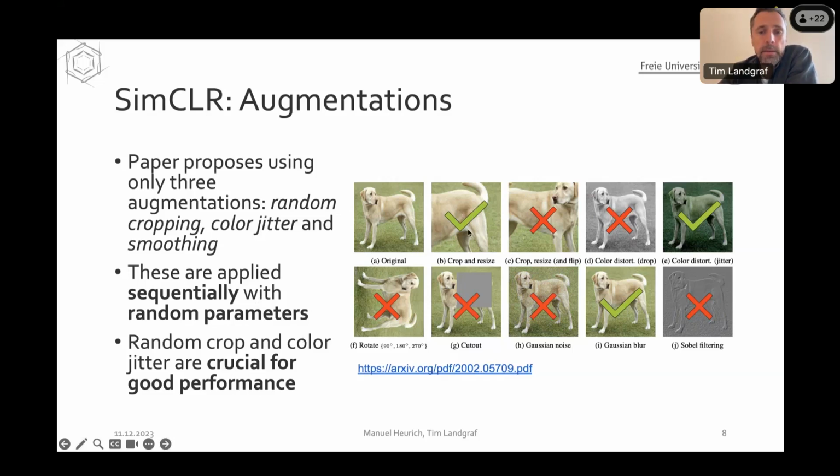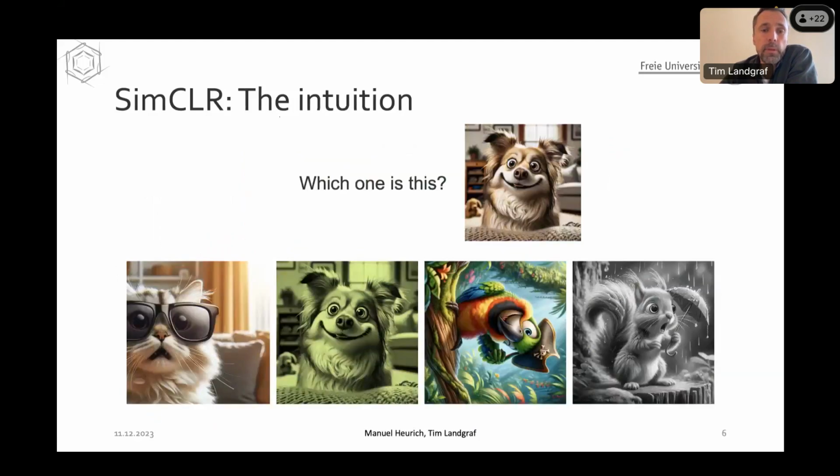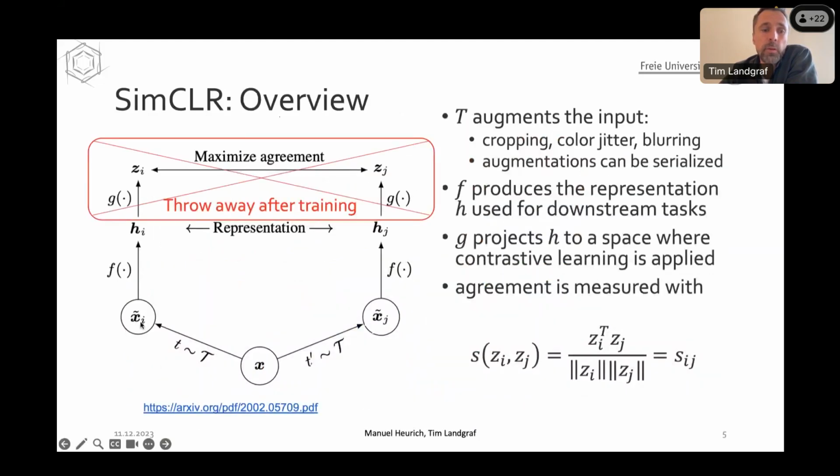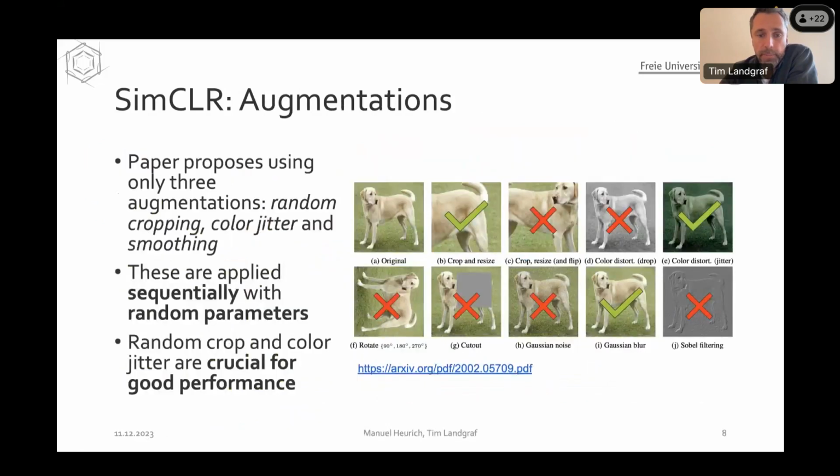And you can think of the SimCLR approach as using one of the augmentations in this branch here, in this arm of the processing, and then applying the second one in this branch. Okay.